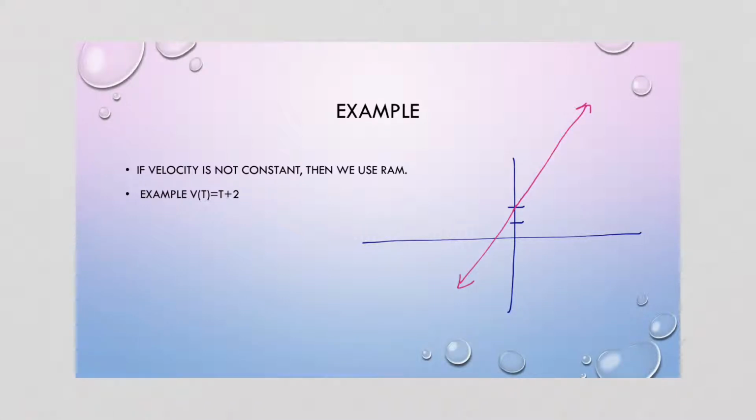So when I try to find, say, what happens at 3, I get this sort of odd-shaped area. Well, when I have this odd-shaped area, I can then break it into smaller rectangles. Here's a rectangle, here's a rectangle, here's a rectangle, and you see I have 3 rectangles.